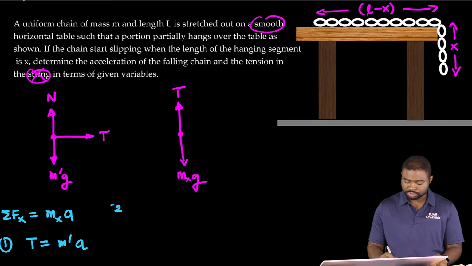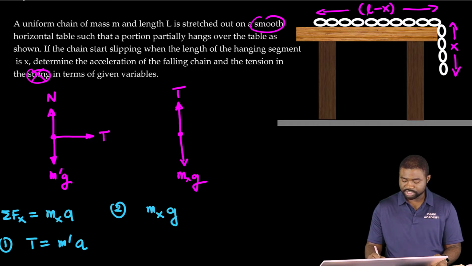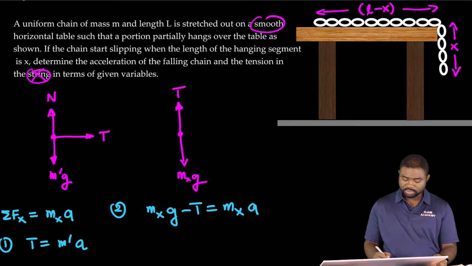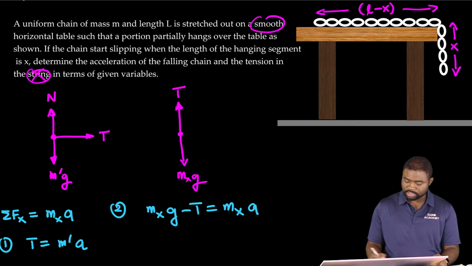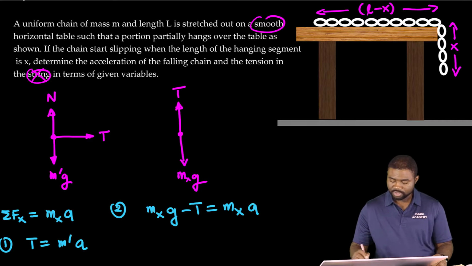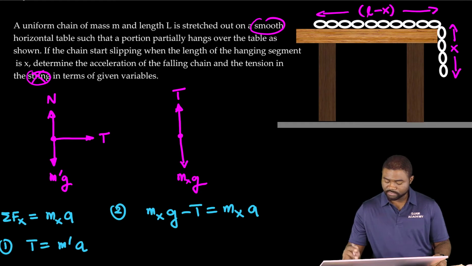Now for portion 2, you will have mx g minus T equal to mx a. Now this is equation 1 and this is equation 2. From equation 1, you can now see that T is equal to M prime a. So carefully, you can just substitute this in equation 2.